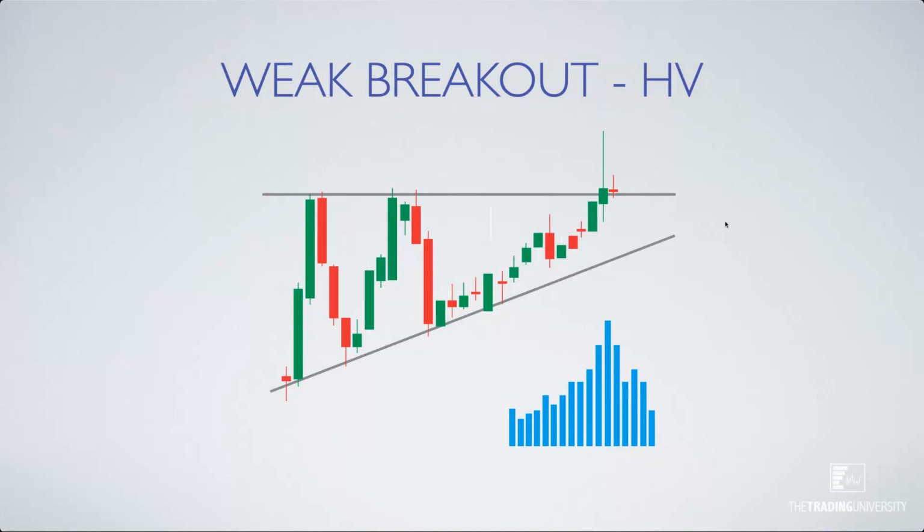This breakout is a weak breakout or a fake breakout, depending on what happens in the next couple of candles. These are key because if you're watching the breakout and the volume, you could think, okay, this is it, this is the break, and this is pretty extended.